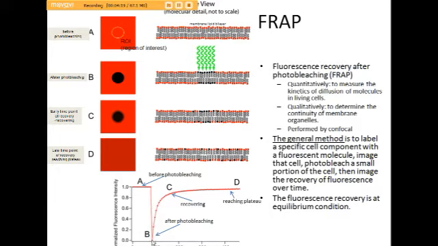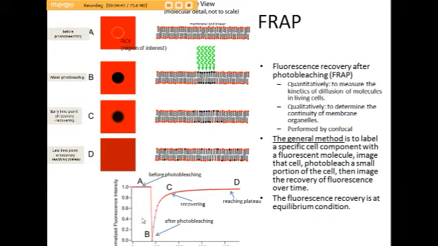Then, after the photobleaching, the fluorescence will recover. Recovery is by the free diffusion of fluorescent molecules into this ROI. As more molecules diffuse in, if we continuously monitor the total fluorescence within this region, the fluorescence becomes higher and higher, eventually reaching a plateau.